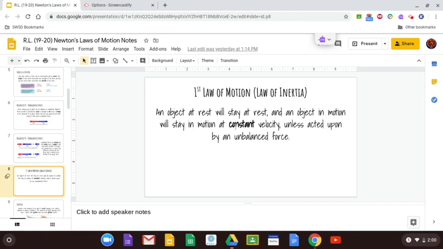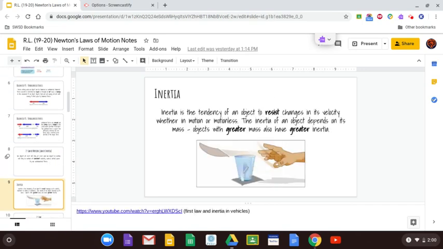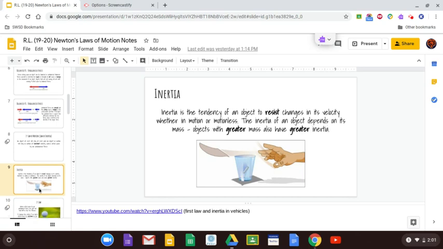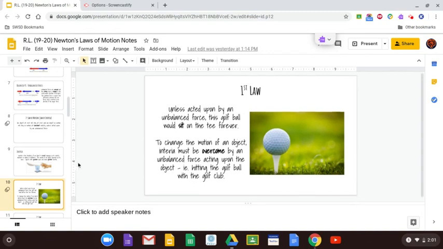And then we have Newton's first law. Remember, inertia is the tendency of an object to resist changes. So if it was at rest, it wants to stay at rest. If it was in motion, it wants to stay in motion. And the only way that it's going to change is if it has an unbalanced force. So again, resting unless you hit it with a golf club.